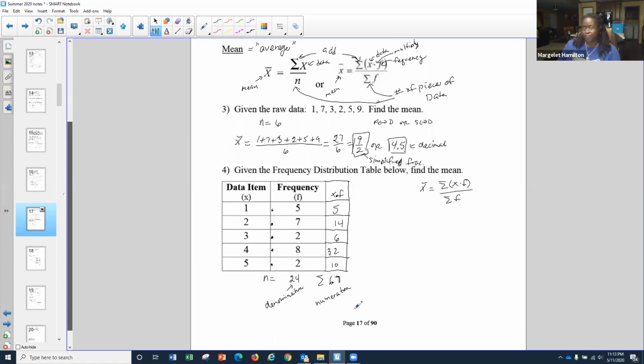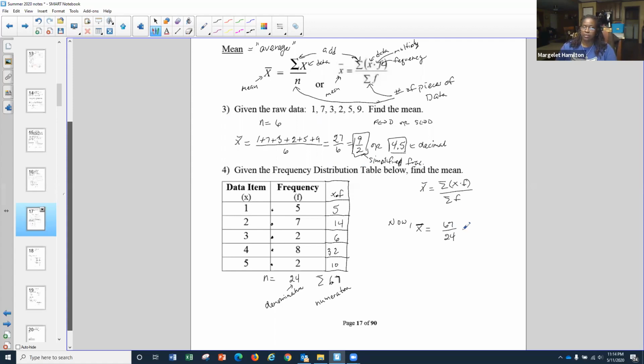So let's do it. So now we have x bar equals 67 all over 24.